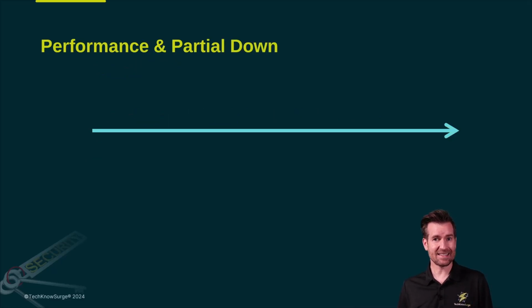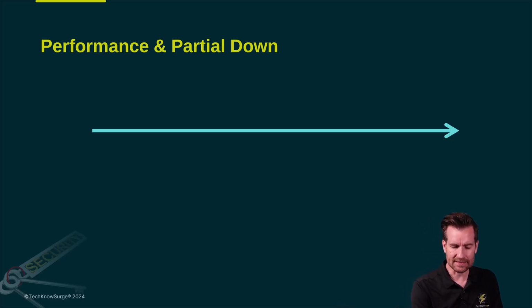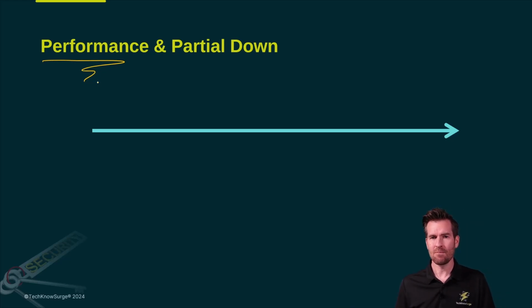Availability isn't necessarily an all or nothing thing either though. That is, we have performance and partial down, and so let's take a look at how those impact your customers and users. So for instance, you could have performance issues. Maybe you haven't gone completely down. Maybe your services are still available. However, they're not really available to the level of performance that you really need.